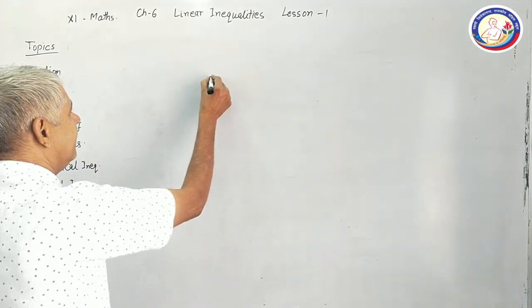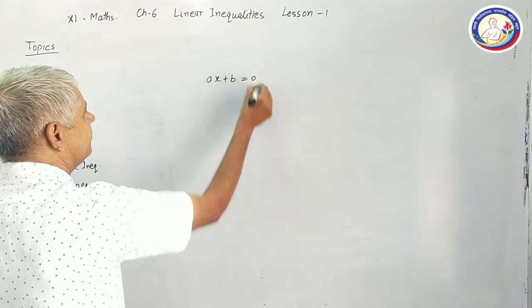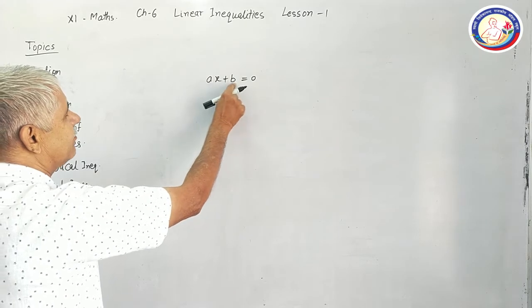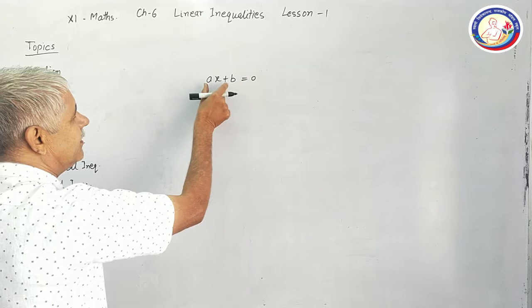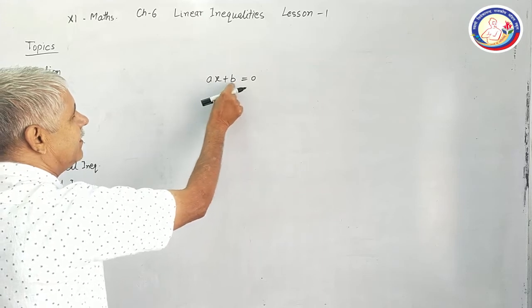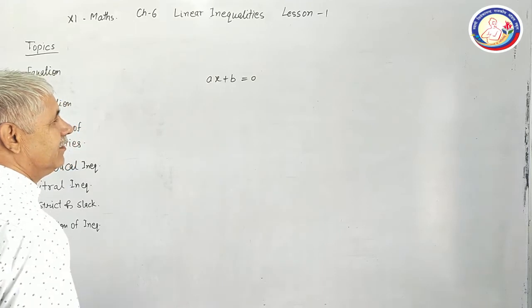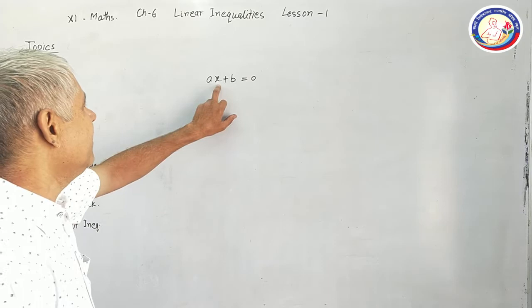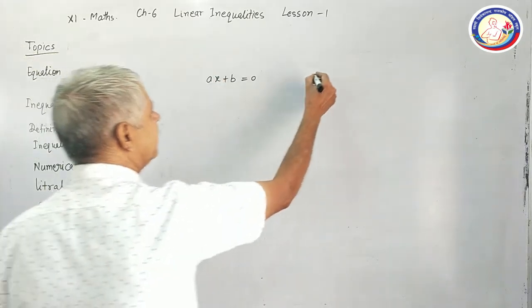I am writing ax plus b is equal to 0. Here x is variable, a and b are constants, and this is sign of equal, and there are two sides, ax plus b is one and second is 0. This is an equation with one variable and highest power of the variable is 1. This is called linear equation.